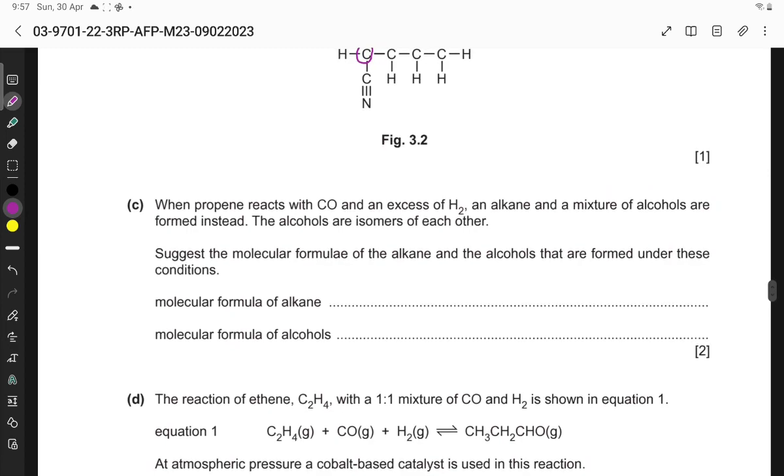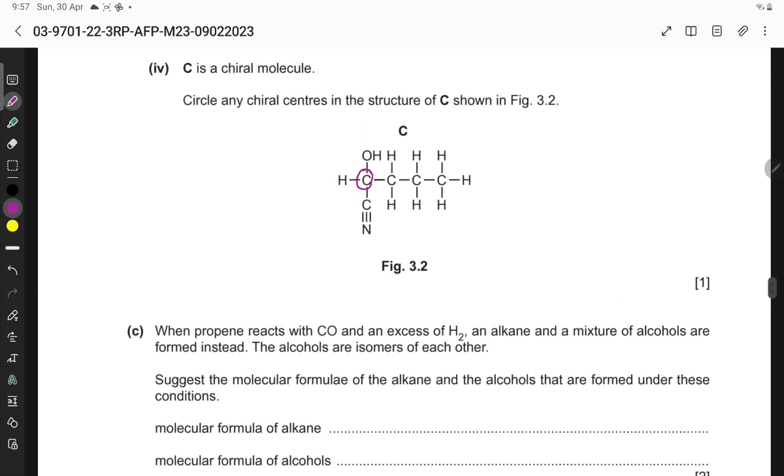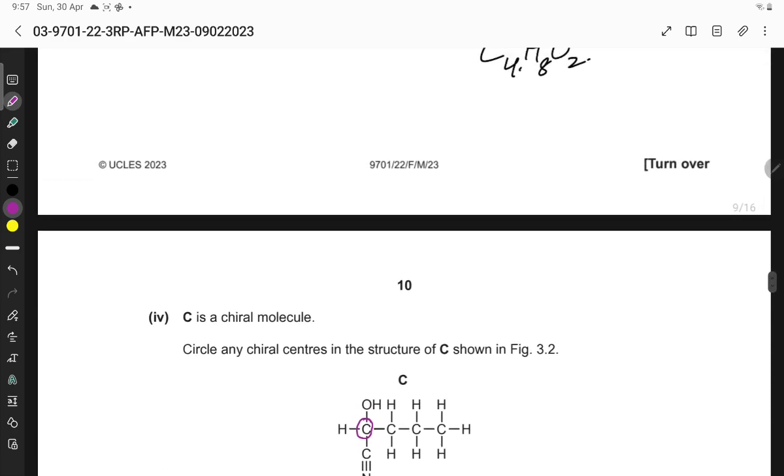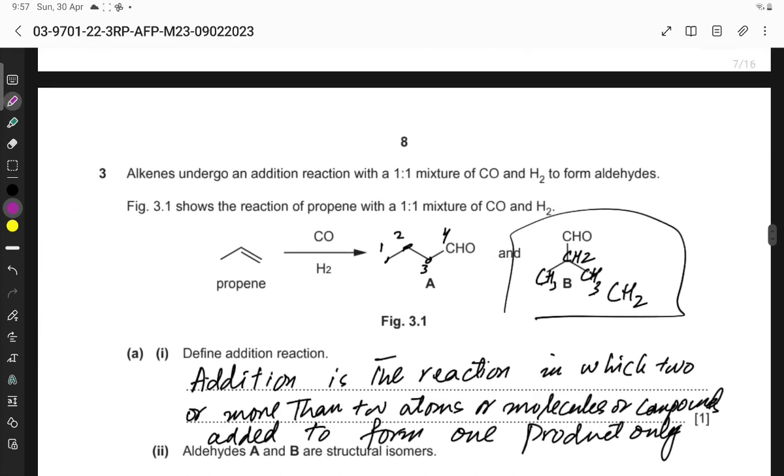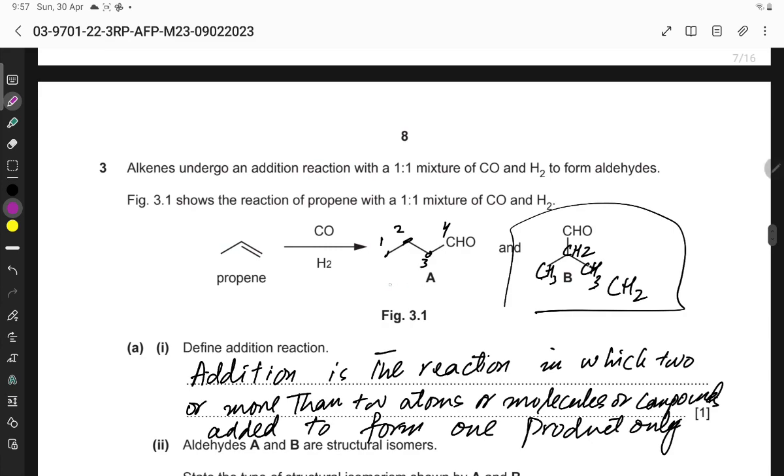So with carbon monoxide and hydrogen, an alkane and a mixture of alcohols are formed instead. So over here two compounds are formed.